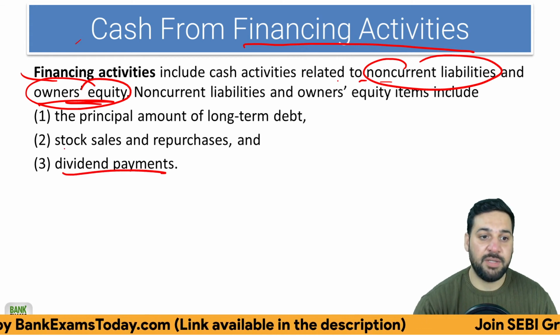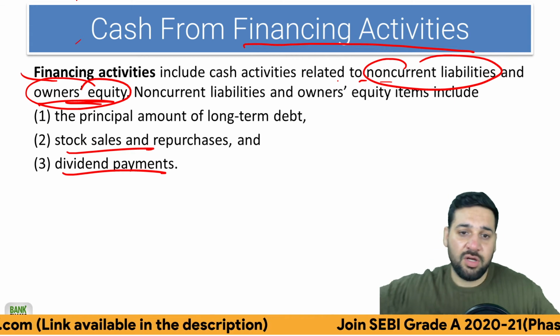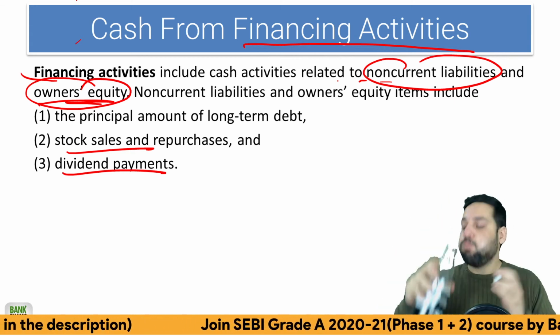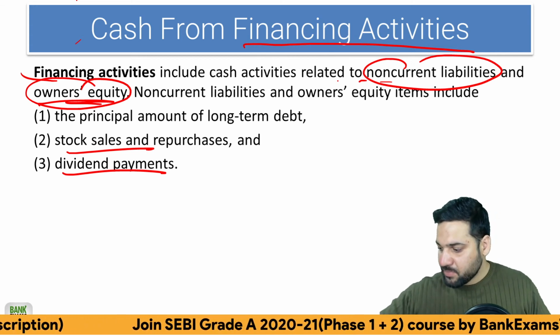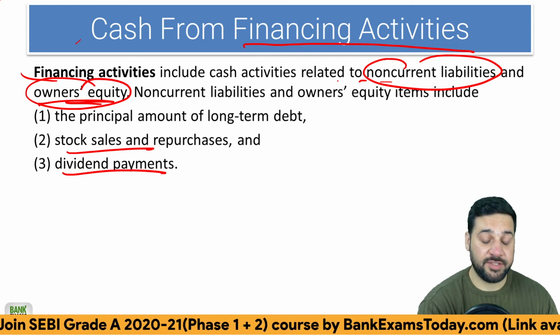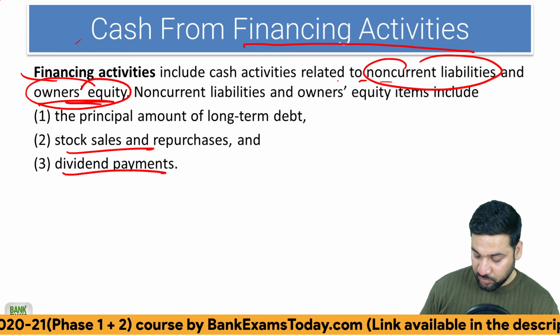That includes dividend payment, stock sales, and principal amount payment of long-term debt. All these are financing activities. If there is any doubt, ask your doubts in the super chat.